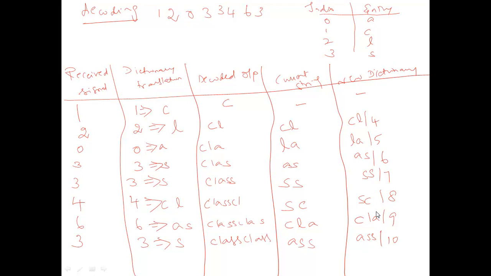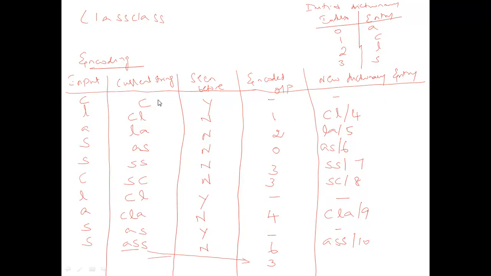Okay. So now you can see we have started encoding the text CLASSCLASS with the initial dictionary of only 4 entries, at index 0, 1, 2 and 3: A, C, L and S. For every letter received, the dictionary is getting updated. Now we have dictionary indexes up to 10, and the encoder output is 1, 2, 0, 3, 3, 4, 6 and 3.